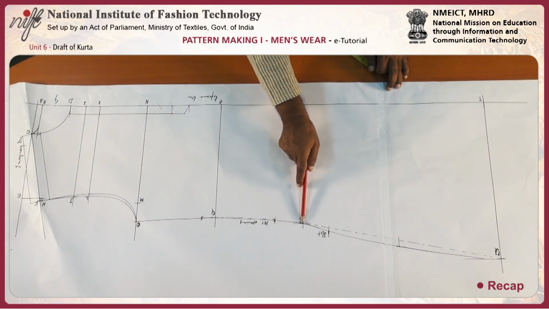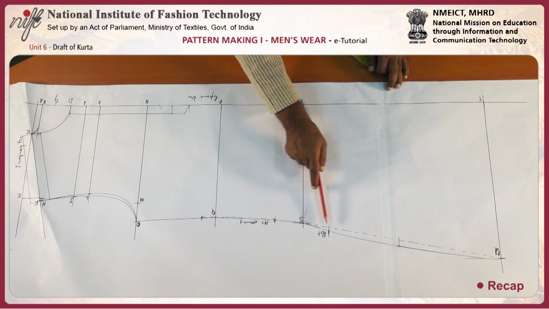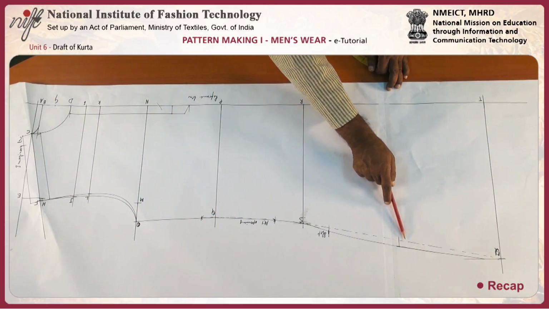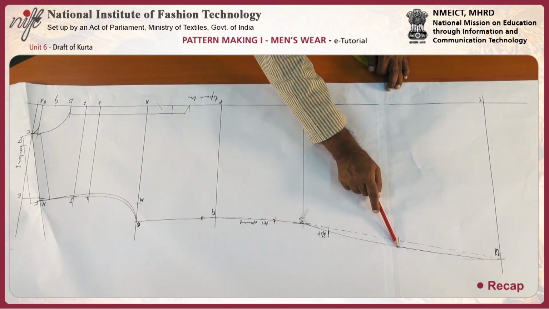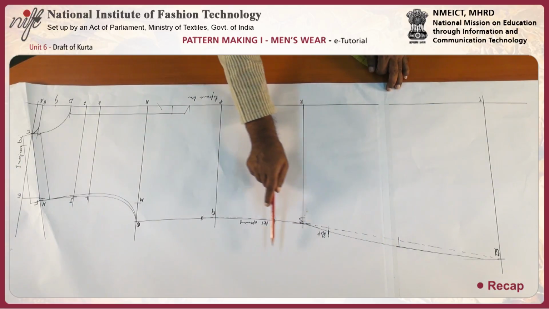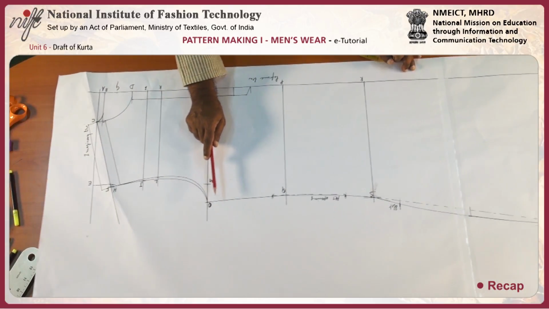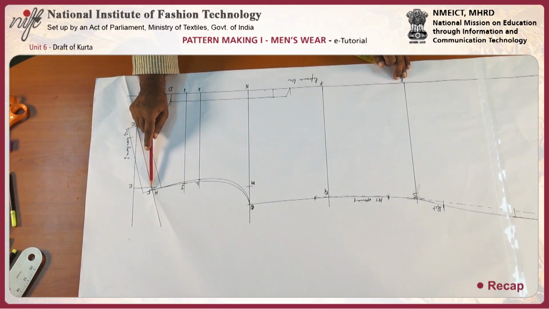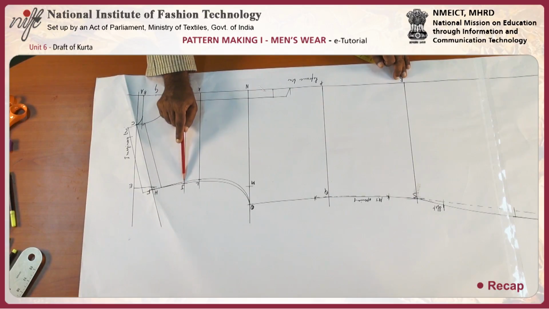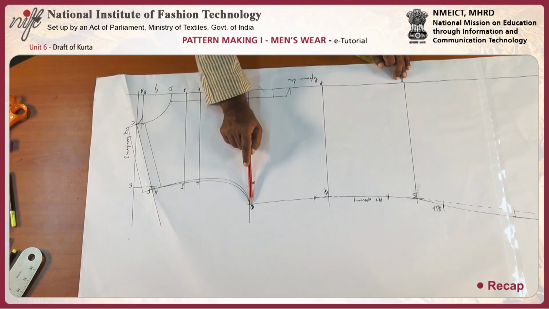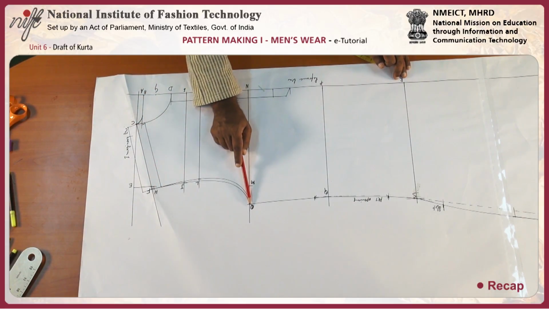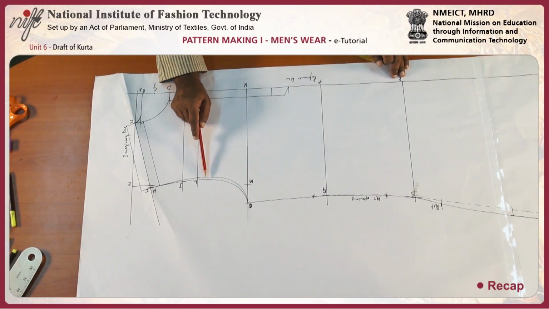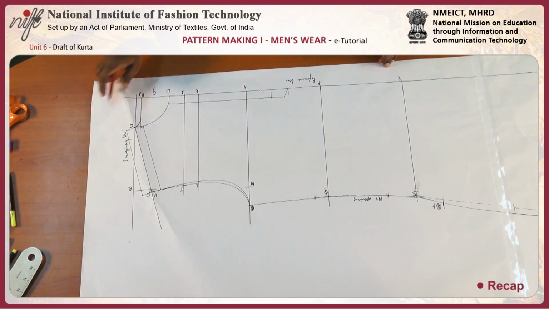Then to mark the side seam shape, take a dotted line, a broken line, then mark the midpoint 1.6 centimeter. Then move to the armhole, join from point H to J, then to O, again H to L and connect to O. So we received the front and back armhole.